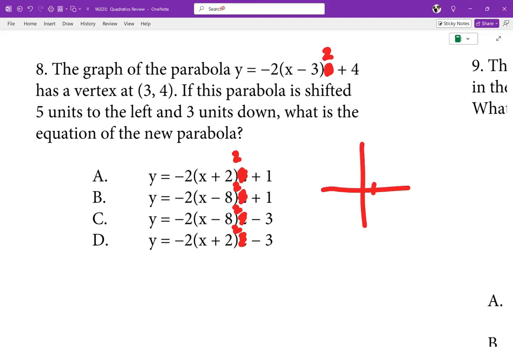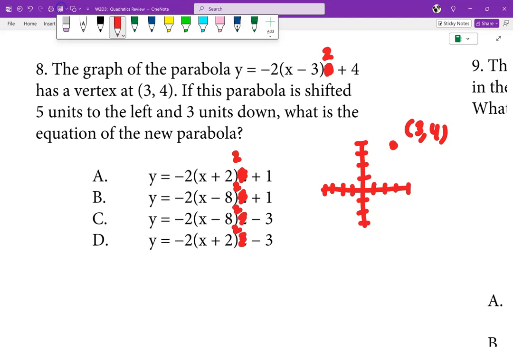Well, guys, let's think of it this way. They said 3, 4. They're saying the point is here at 3, 4. They said, what is the equation of the parabola if we shifted 5 units to the left and 3 units down?